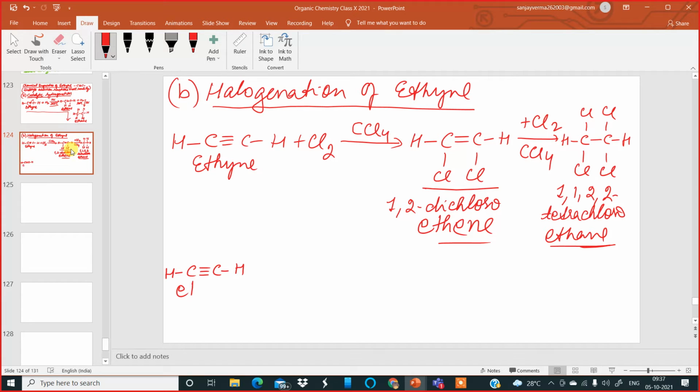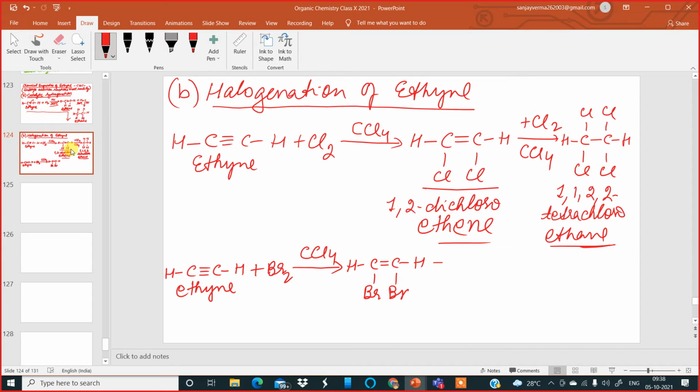Ethyne with bromine, Br2, in the presence of CCl4. So in the first step, we get a disubstituted product. We will get HC double bond CH, one bromine here, another bromine here.